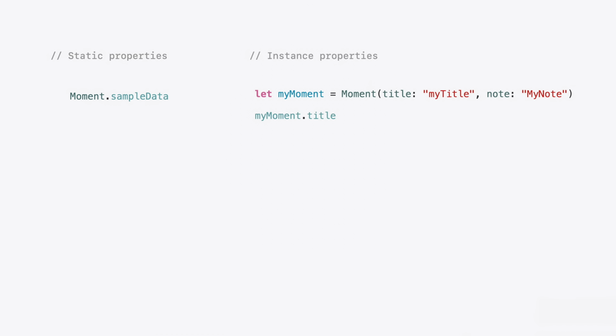In code, a static property is called using the name of the class itself, then the property name. An instance property belongs to an initialized object. In the example here, the instance property title belongs to my moment, an instance of the Moment class.